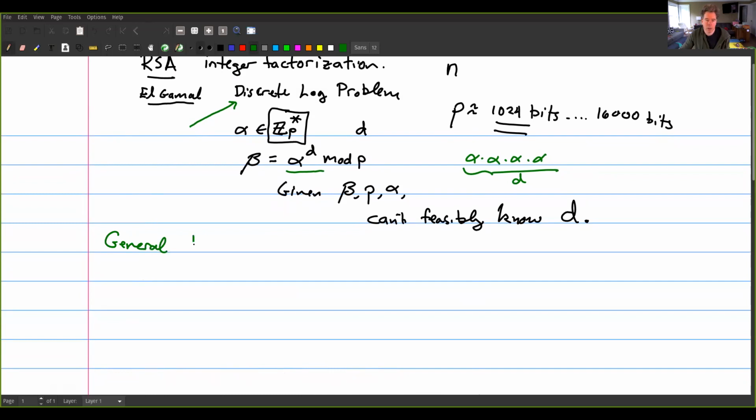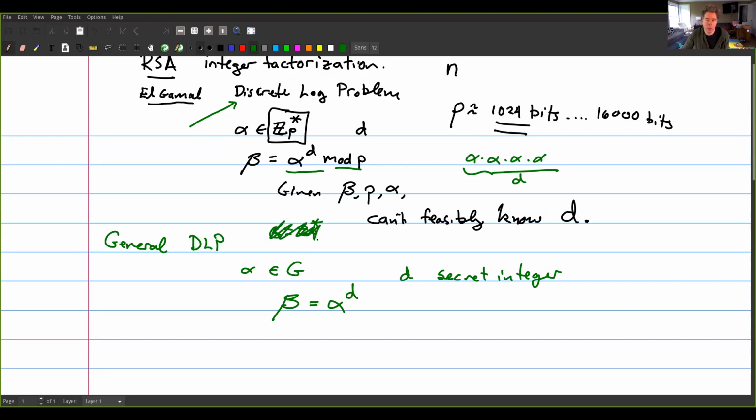So the general DLP is you pick some generator alpha of a cyclic group G, but now it's just some group. Alpha is still a generator, G is still a cyclic group, and you pick some secret D. D is still some integer, a secret integer. And you produce beta, which is alpha to the D. Now I'm not going to say mod p anymore, but it could be that G is equal to ZP star, because it's just a generalization of what came before.